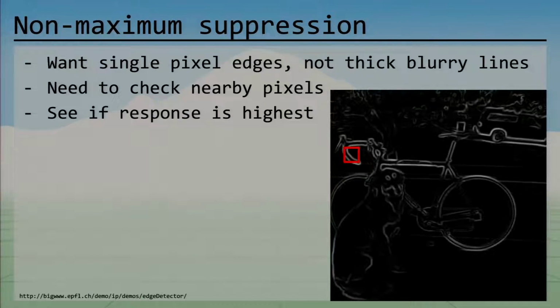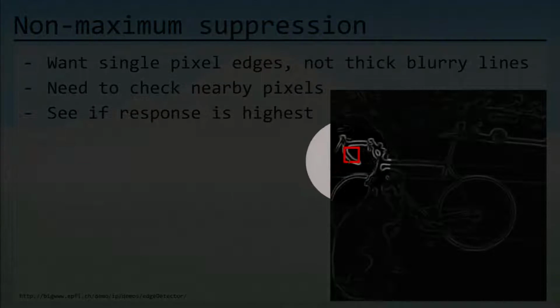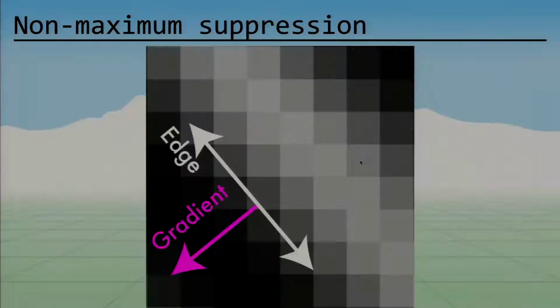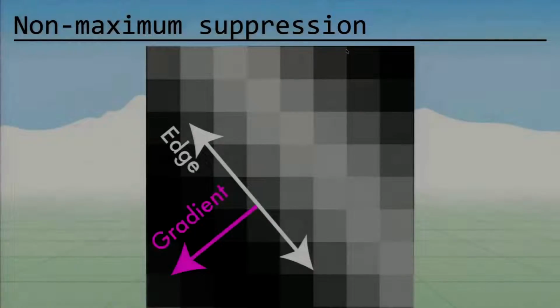If this is this part of the handlebar, I think the handlebar is black, and this part is not as dark. So the gradient is going to be pointing from the handlebar towards the part of the image that isn't as dark. So all of these vectors are going to be pointing toward the upper right portion of the image. And then they'll all have different magnitudes, and that's already displayed, basically.